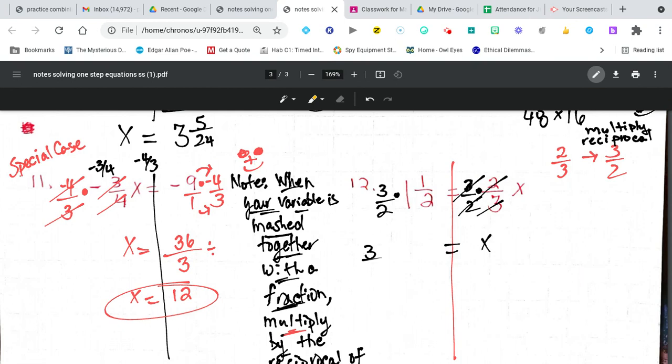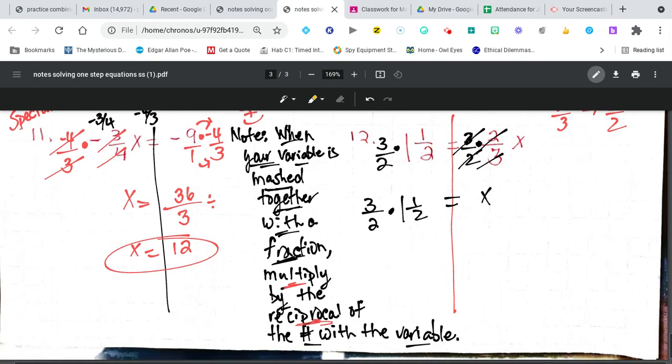So now you have 3/2 times 1 1/2. Okay. We have a problem because with mixed numbers and we'll multiply, we need to change it to an improper fraction. You do not need a common denominator when you're multiplying or dividing. You only need a common denominator when you're adding or subtracting.